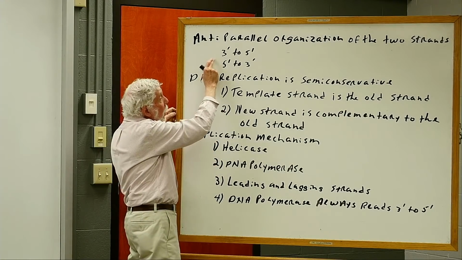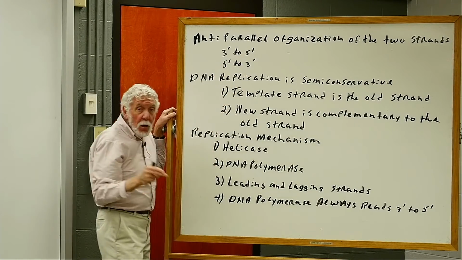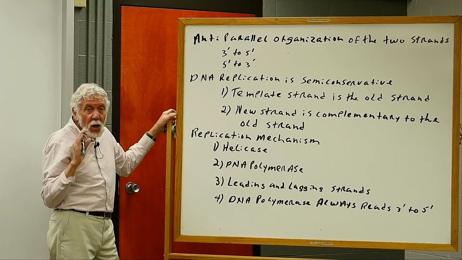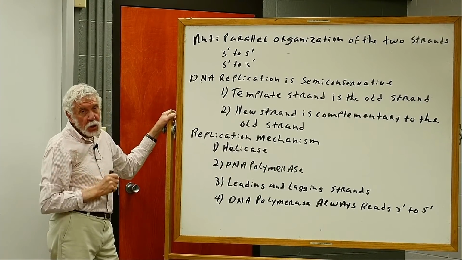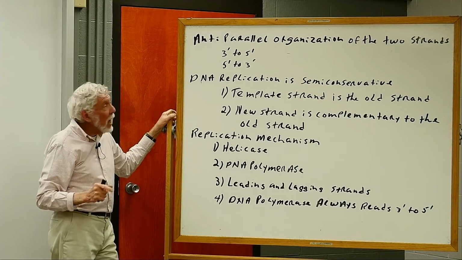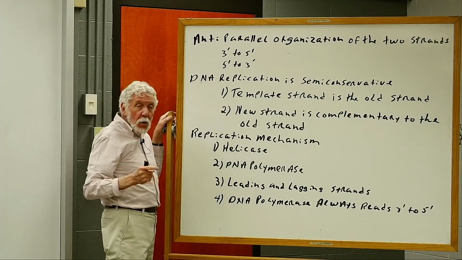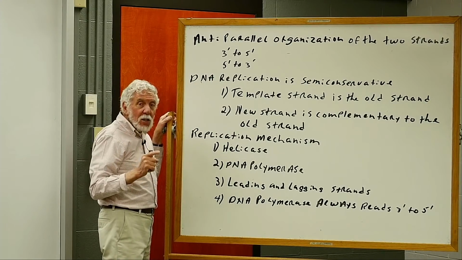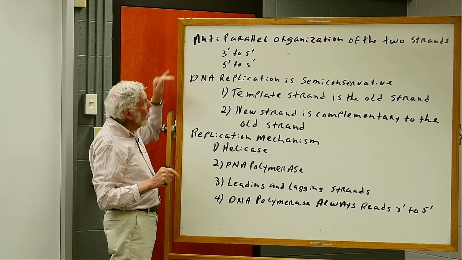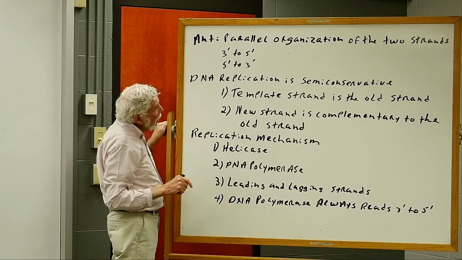These terms, 3' to 5' and 5' to 3', are describing the positions of the carbons on the 5-carbon sugar deoxyribose. We'll see that the linkages are 3 to 5, and this now will give an endedness to the molecule, but the two strands are pointed in opposite directions. They're said to be anti-parallel, and we'll draw that on the board and talk about it.